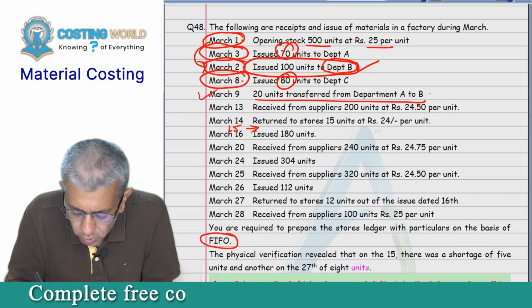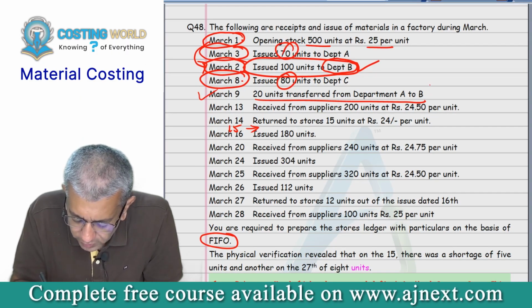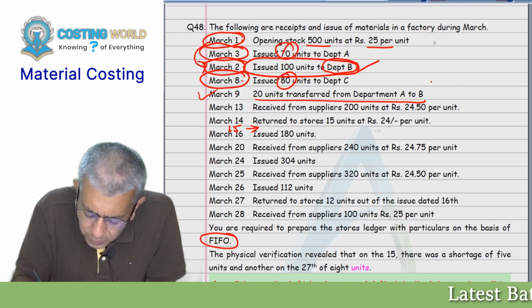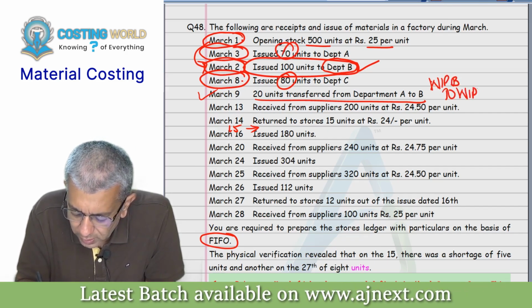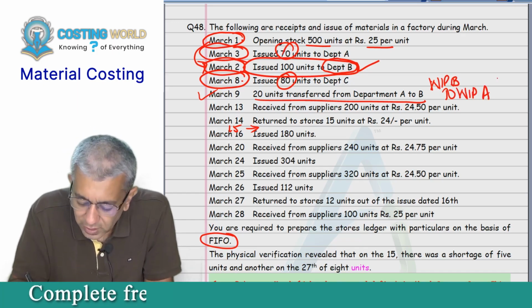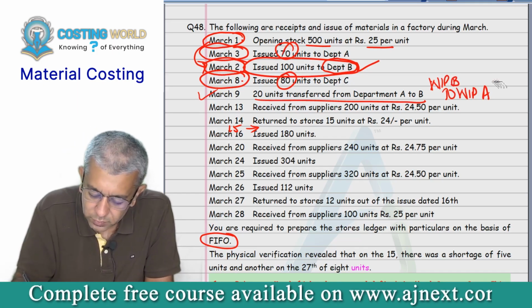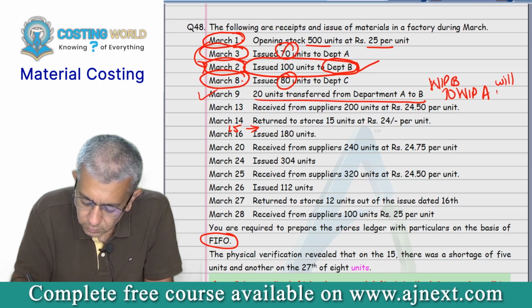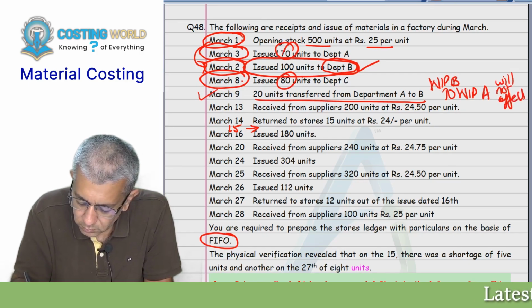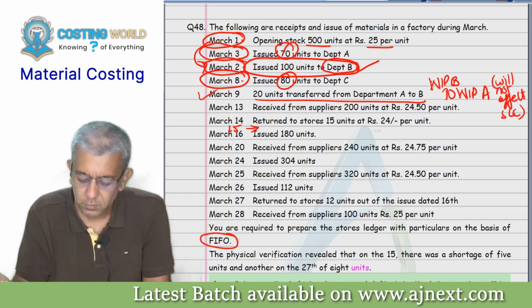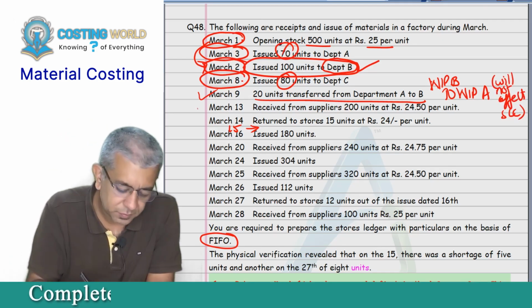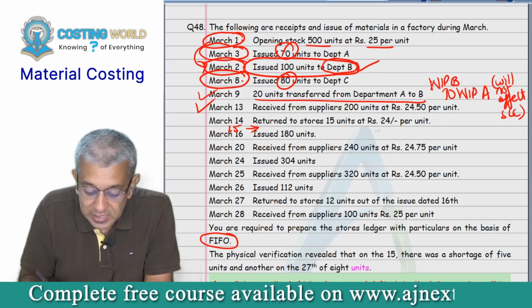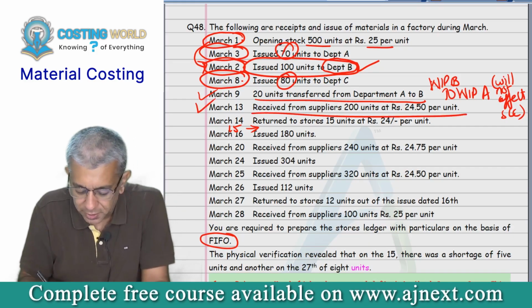Okay. So you all do one small thing. You write down the entry over here, WIP B to WIP A. And if you can, mention somewhere that it will not affect SLC account. Further, March 13th, received from suppliers 200 units at the rate of 24.5.